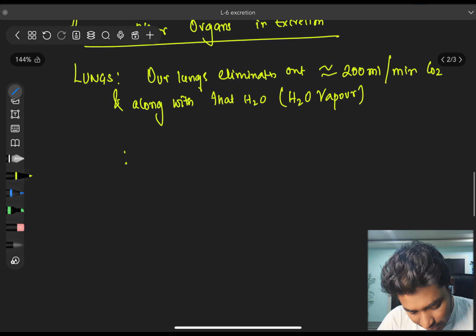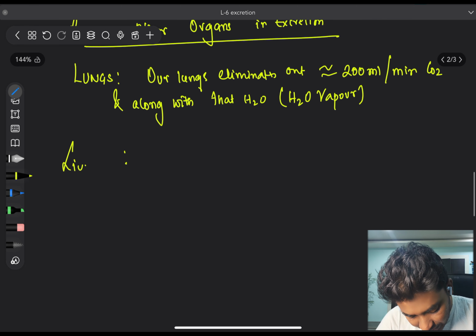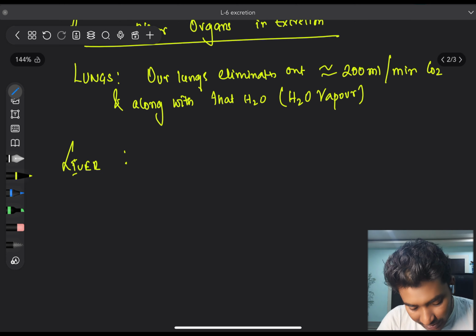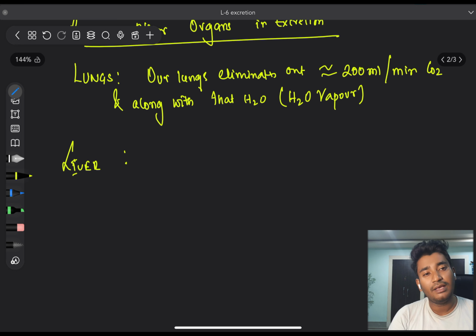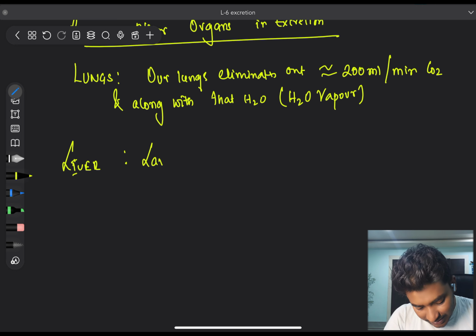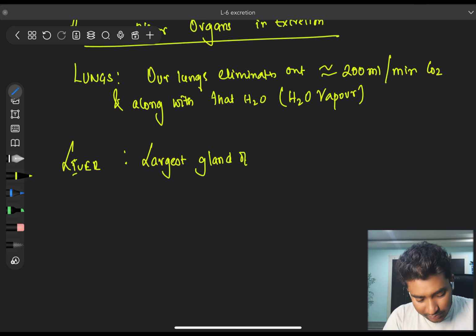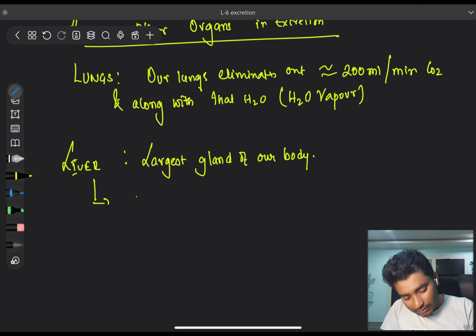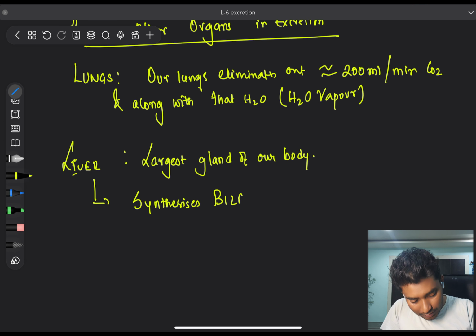Now next, the liver. Our liver is the largest gland of our body, and the largest organ of our body is the skin. The liver synthesizes bile.